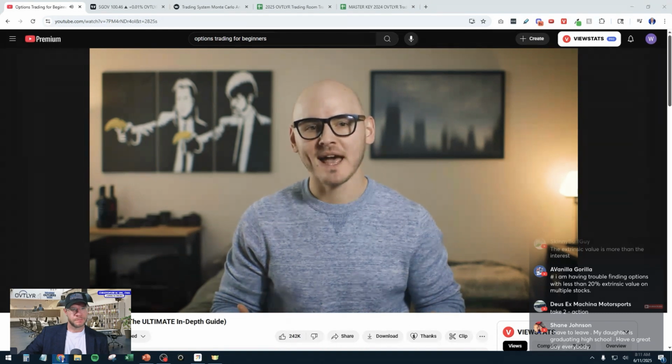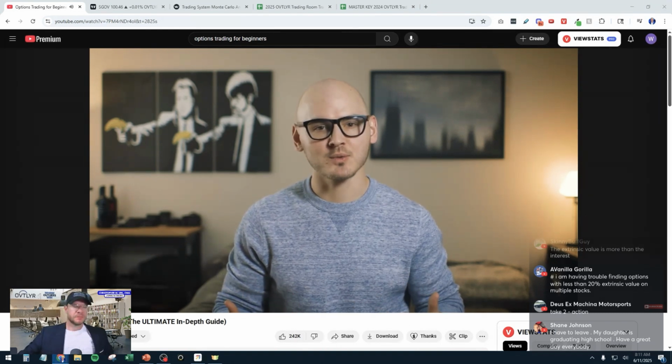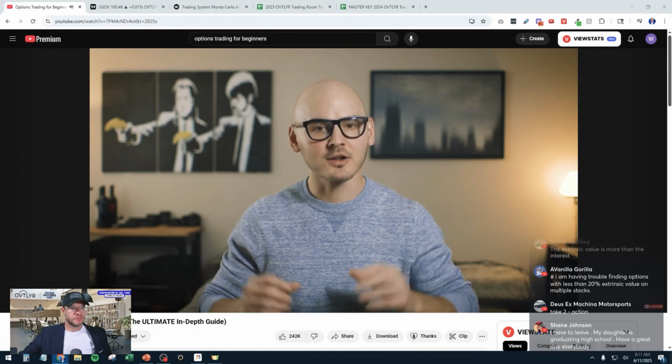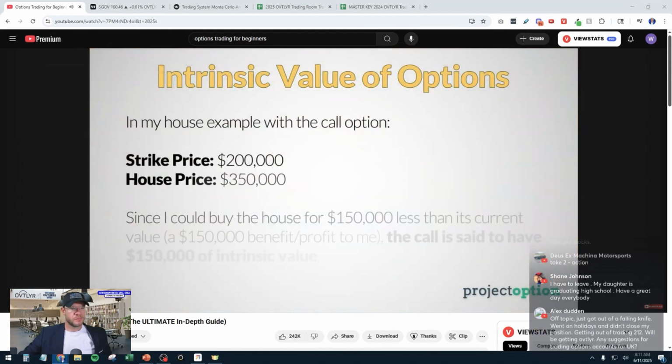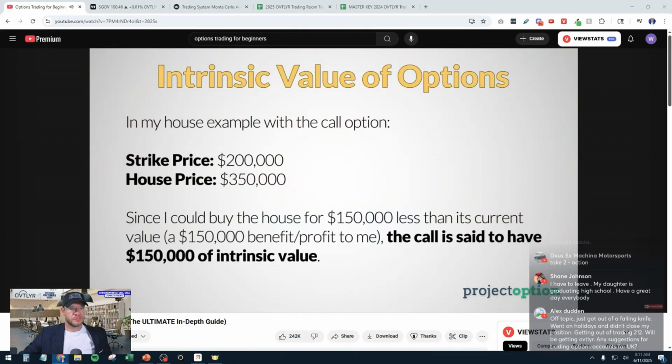So let's dig in. There are two components that make up the whole of every option's price. The first is called intrinsic value, and the second is called extrinsic value. You don't know it yet, but you essentially already know what intrinsic value represents in an option's price. Remember the house example where the house was $350,000 and I had a call option on that house with a strike price of $200,000.